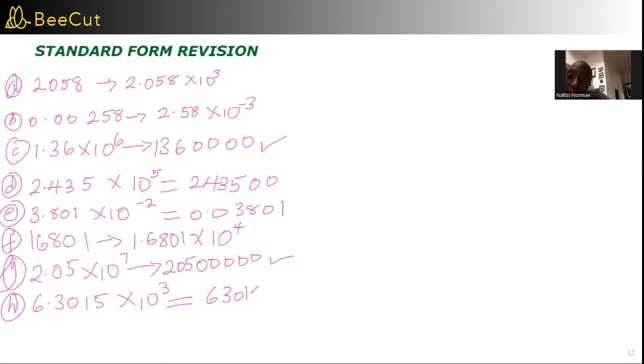No, that is not correct. So it is 6301.5. Why did I put a point there? It's because there are just 3 here. So you just move the point only 3 times. Is that taken? Yes, sir. So in the previous one there were 7. If this is 7, then you have to count the 4, then add 3 zeros. Is that taken? Yes, sir.